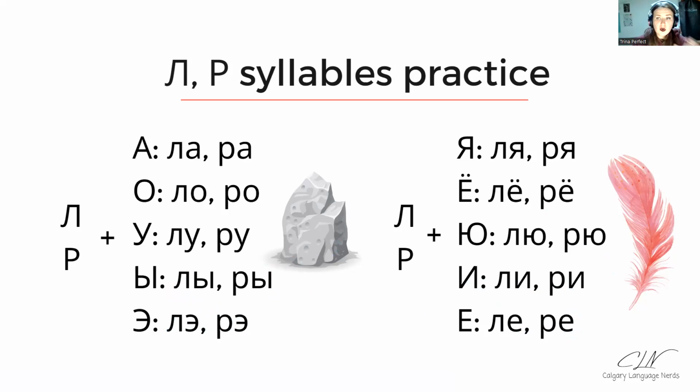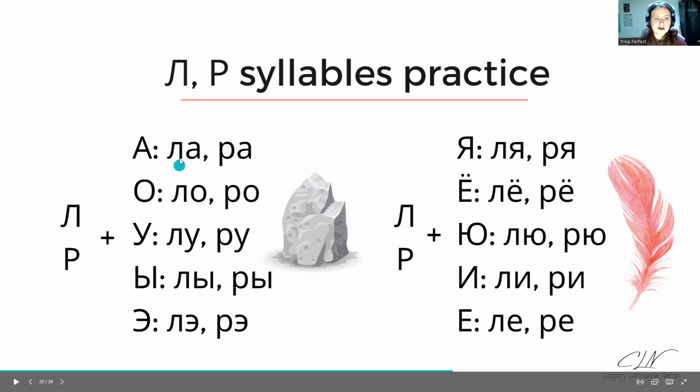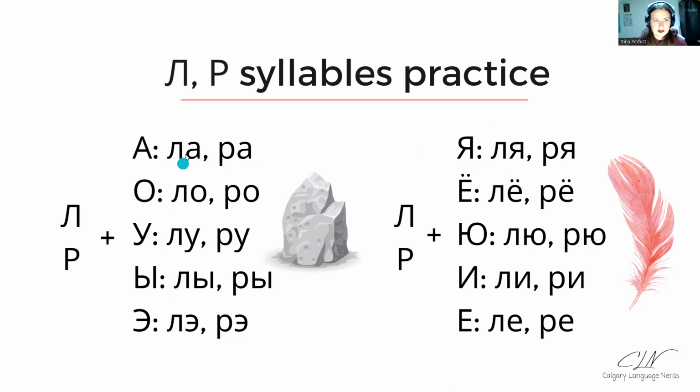So, what can you do with all that? You can practice them either like we did in class, in lines, or you can practice them in columns. For example, all the L ones. La, ля. Lo, lyo. Lu, lyu. Li, li.